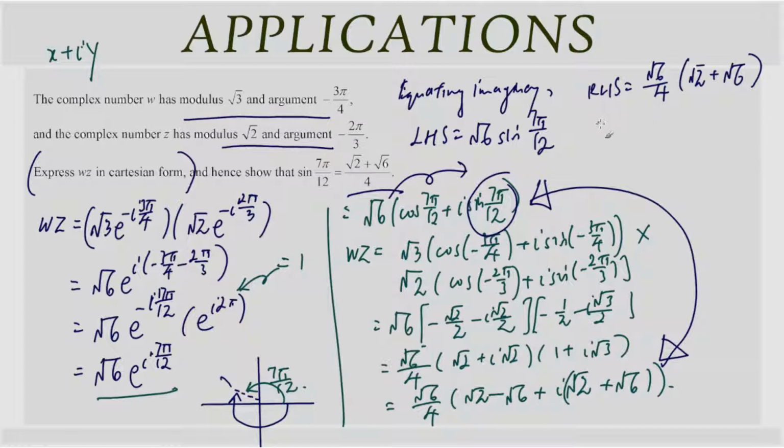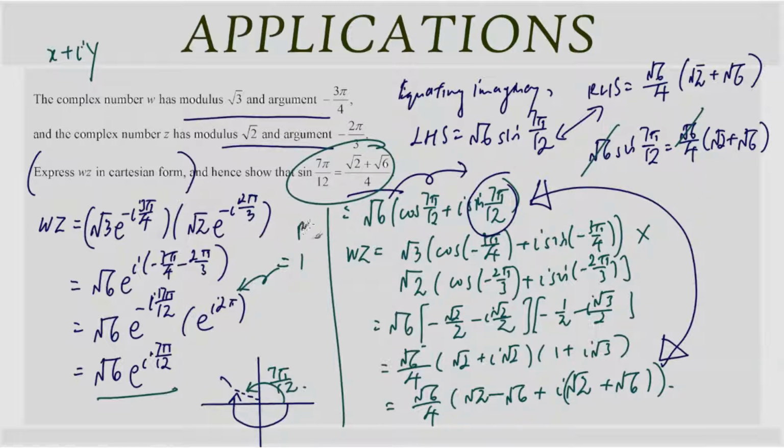And equating the left hand side to the right hand side, root 6 sine 7 pi over 12 is equal to root 6 over 4 of the whole thing multiplied by root 2 plus root 6, and cancelling off the root 6's, we have obtained the identity and we have it proven.